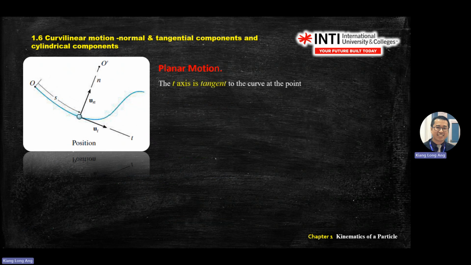Now we call it planar motion, meaning we assume that it does not move up from the screen. We only look at this planar motion, this whiteboard surface. It does not move up from the surface. So when we assume that it moves along the whiteboard, then we can use this analysis.